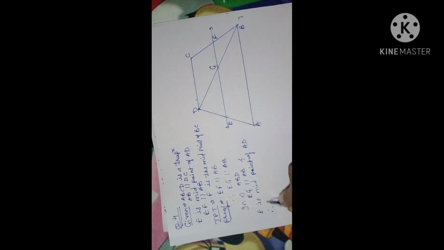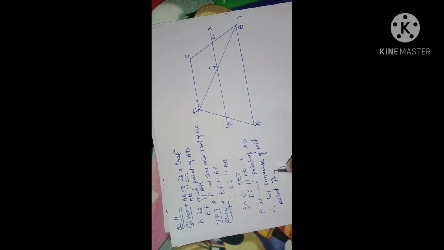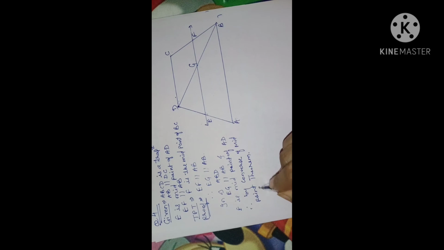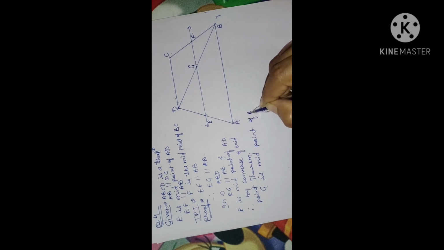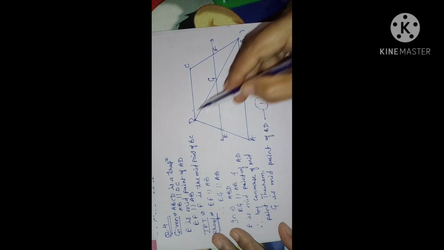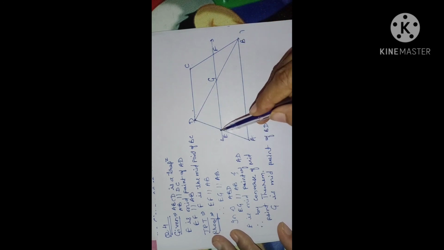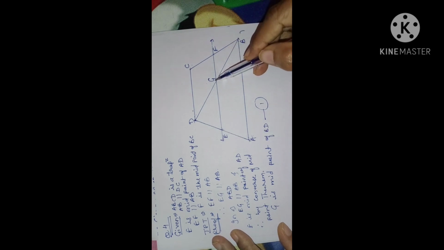Therefore, by converse of midpoint theorem, you will get G is midpoint of BD. Give it number 1. Understood? We took this triangle, and by the converse of the midpoint theorem, because E is the midpoint of AD and EG is parallel to AB, by the converse G is a midpoint of BD. This is number 1.